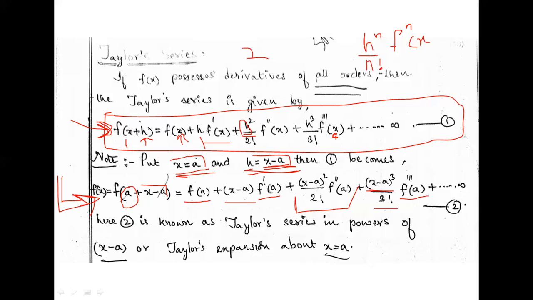Hence, this second equation is known as Taylor's series in powers of x minus a, or Taylor's series expansion about x is equal to a. So if it tells you Taylor series expansion about x is equal to a, or in powers of x minus a, you have to use the second equation. Understood?